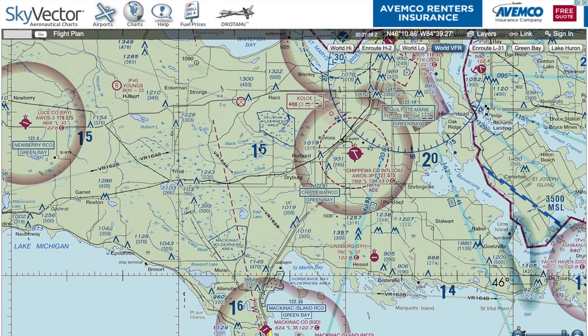Now, when we start getting over here, there's a little bit more to the story. 1,200 feet Class E drops down to 700. Now, this dashed magenta line is what they call a Class E surface area. That drops Class E all the way to the surface. Guess what?